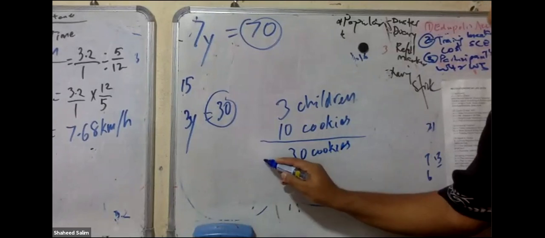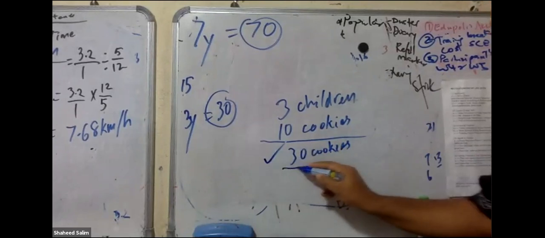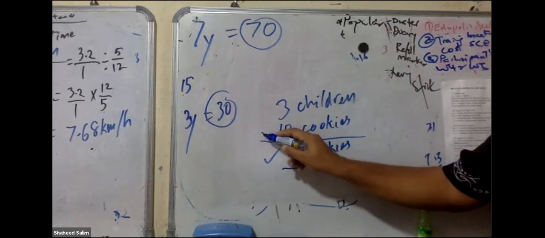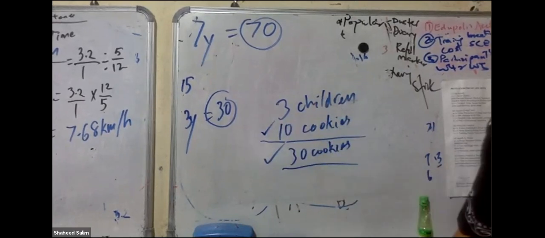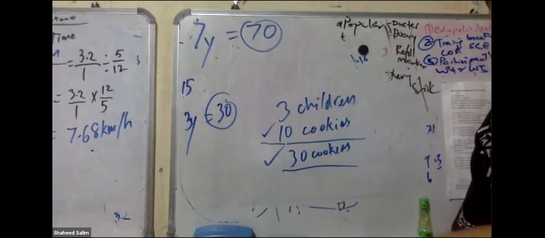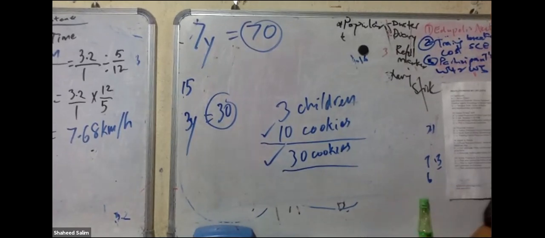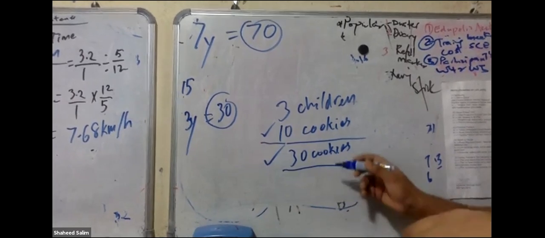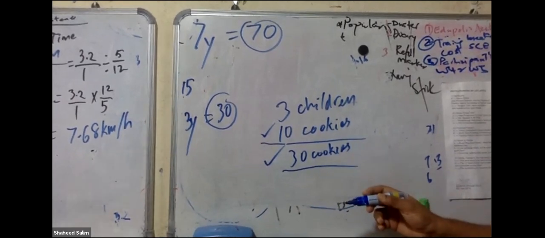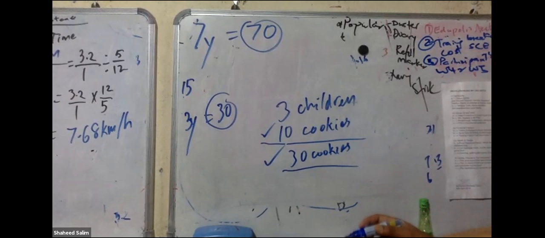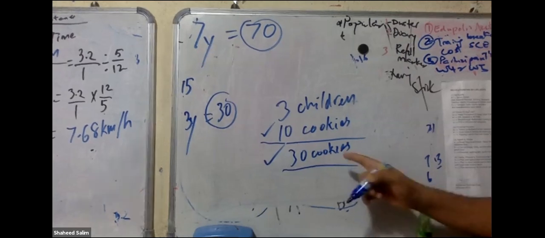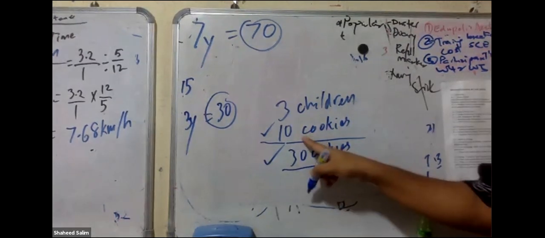Imagine you know that 3 children get 30 cookies. Each child gets 10 cookies. How to find the number of children? Zahira, tell me. Let's say 30 cookies were received by your 3 siblings, yourself included, and each one gets 10 cookies.